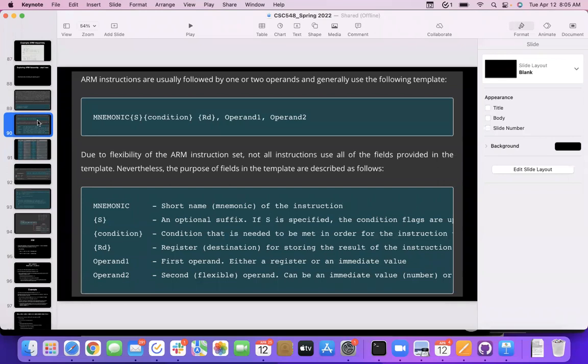We talked earlier in the semester about why a compiler needs to target an architecture as well as an operating system. Well, the architecture side of it is what we're talking about right now, and that is the assembly code for the ARM processor. The operating system would be a separate piece from that, but that's also what a compiler would need to target.